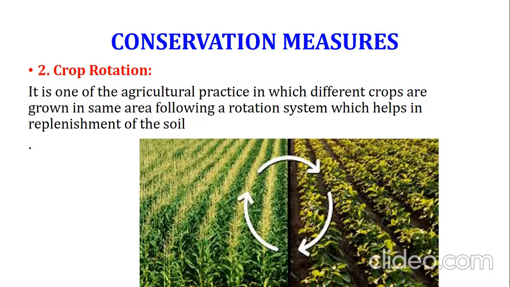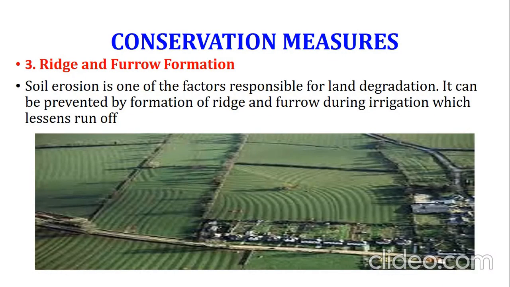This crop will be grown first, after that this, again this, again this. So in the rotation manner the crops are grown to help prevent the loss of soil.